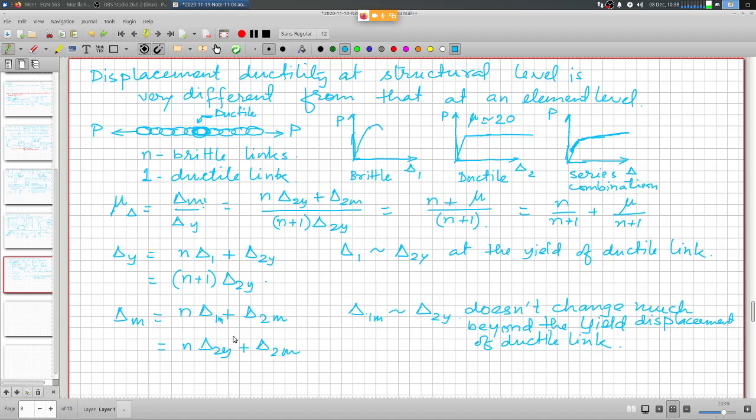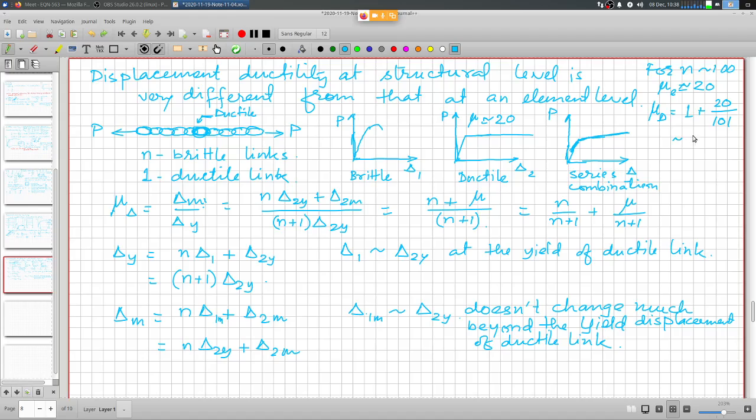So for n equal to 100, and mu at the element level is 20, the global displacement ductility is approximately 100 by 101 plus 20 divided by 101.